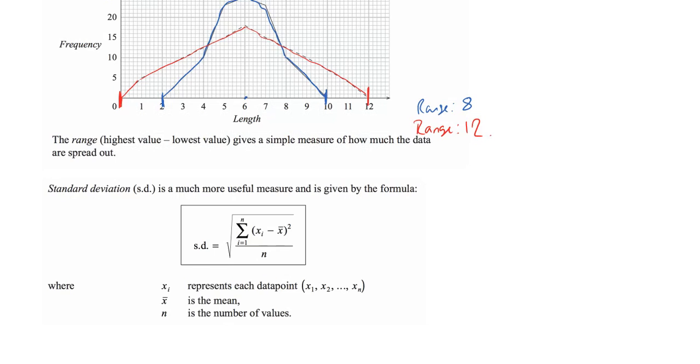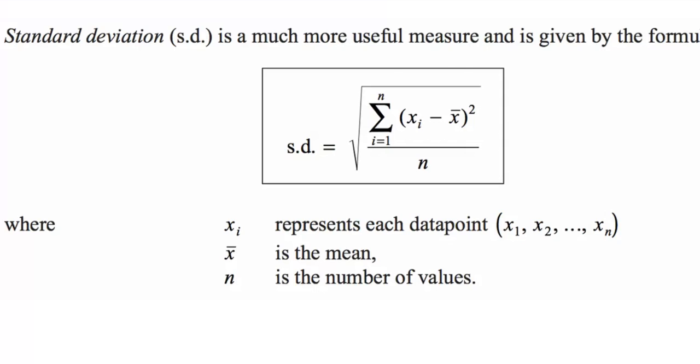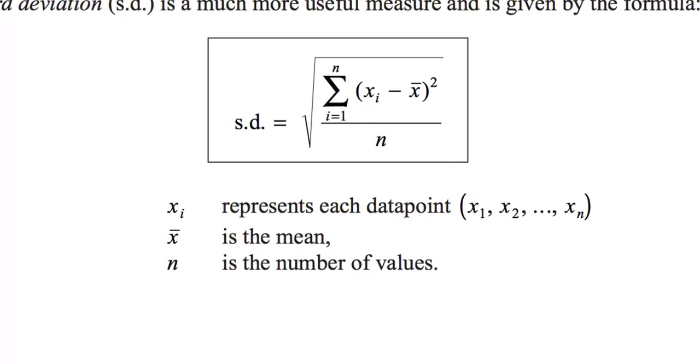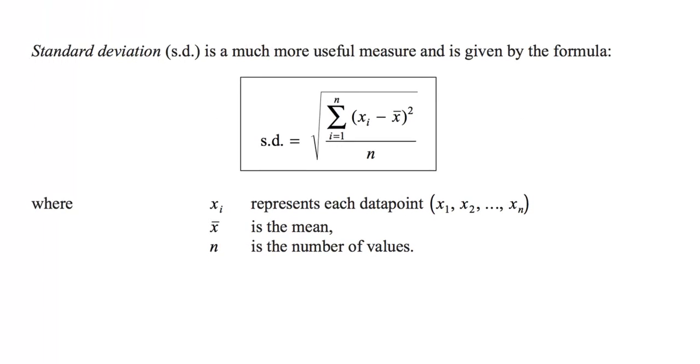Now, it's got this really difficult formula, and later on you're going to need to learn this, but for this video we're going to be using a calculator to work out the standard deviation, so we won't pay much attention to it. Just to say though that what we have to do is first work out our mean, which is x bar.